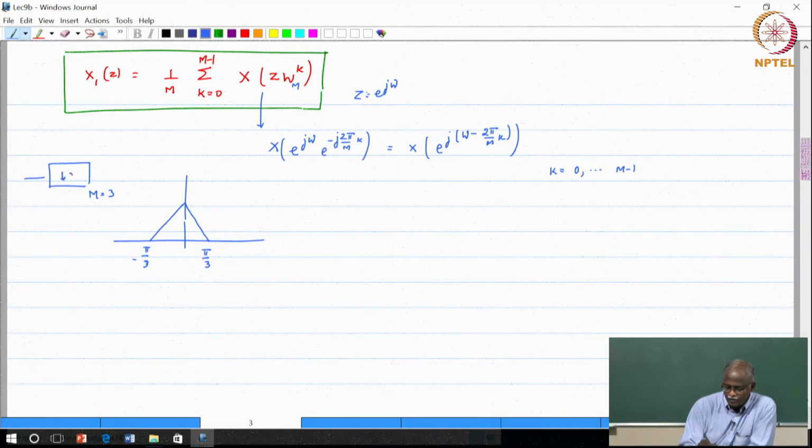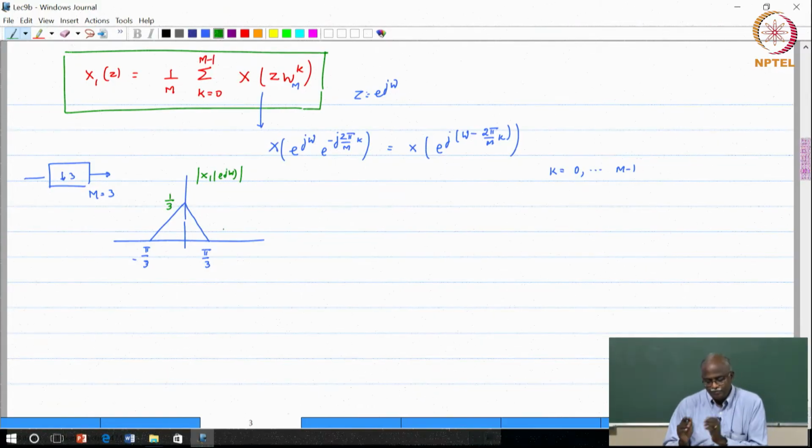That is the case that we are looking at. Now what we are saying is, if I look at the spectrum of x1 of e^(j omega), it will first of all introduce a scale factor 1 by 3.